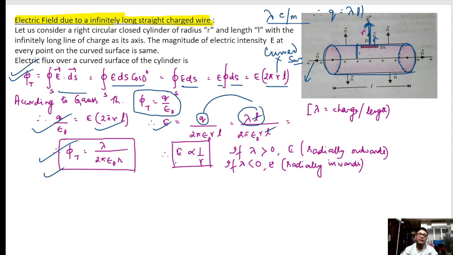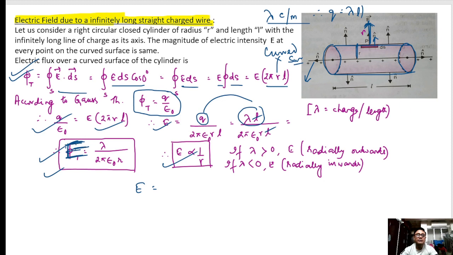So from here we can see electric field is inversely proportional to r. Sorry, one minute, this is the electric field. This is printed wrong.